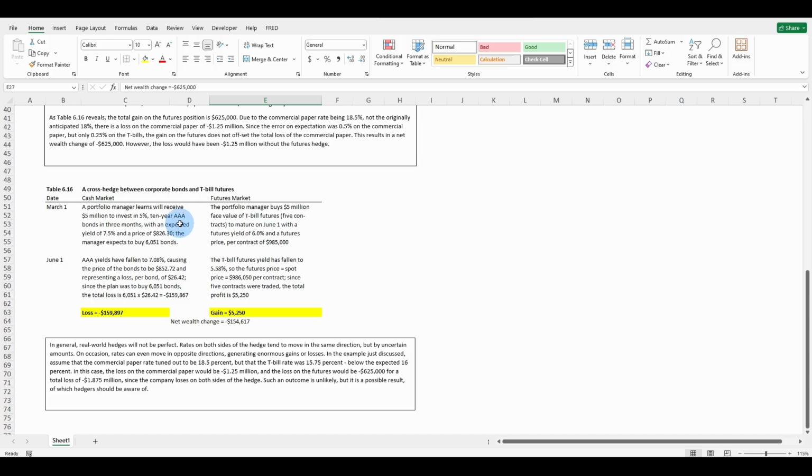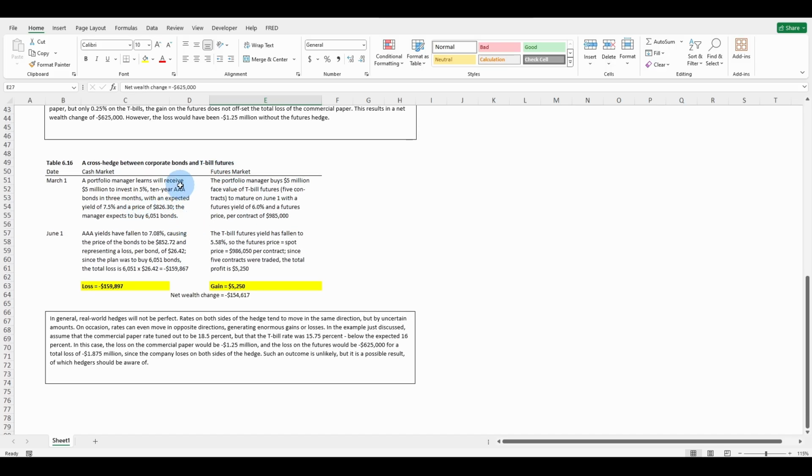A cross hedge between corporate bonds and T-bills, cash market, futures market. A portfolio manager learns he will receive $5 million to invest in 5% 10-year AAA bonds in 3 months with an expected yield of 7.5% and a price of $826.30. The manager expects to buy 6,051 bonds.